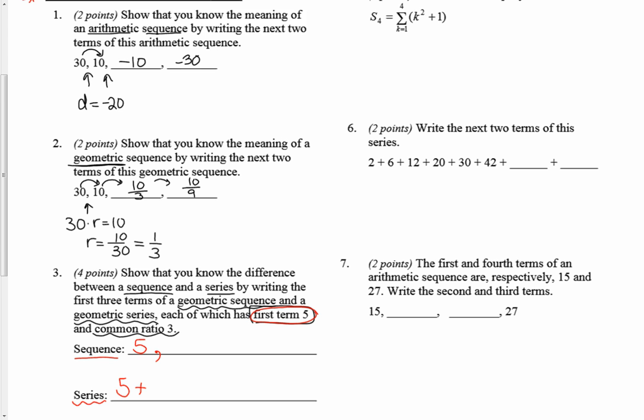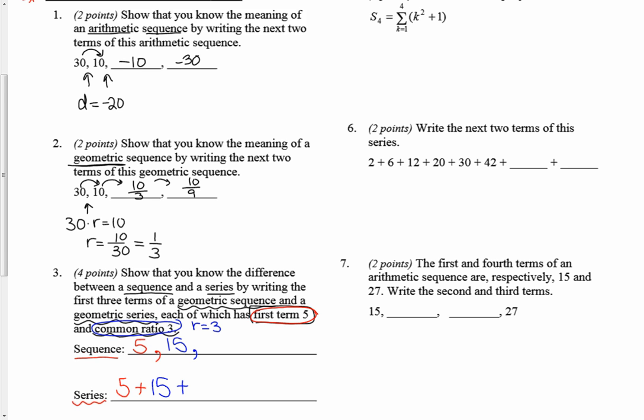Okay, so now we have to actually get to the next term. Well, I said that the common ratio is 3. That means r is 3, or every time we're going to multiply by 3 to get the next term. If I take 5 times 3, that's 15. So the next term of the sequence would be 15. That's also the next term of the series, but again, the series is separated by addition, whereas the sequence is separated by commas.